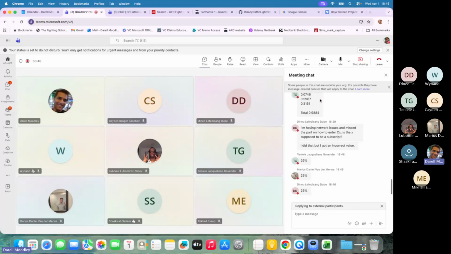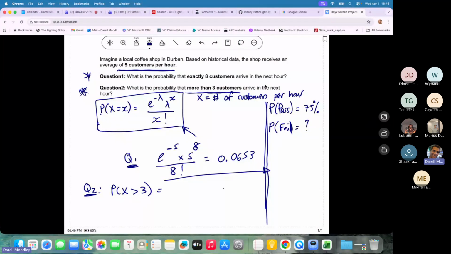Intuitively, you already know what the complement rule is. It was just a fancy name I gave it, but you understand it. It's just taking 1 minus the probability of something. That's how you got 25%. In other words, if you want the probability of failing, it's just 1 minus the probability of passing.